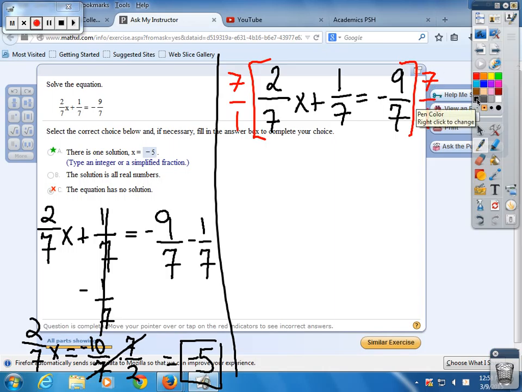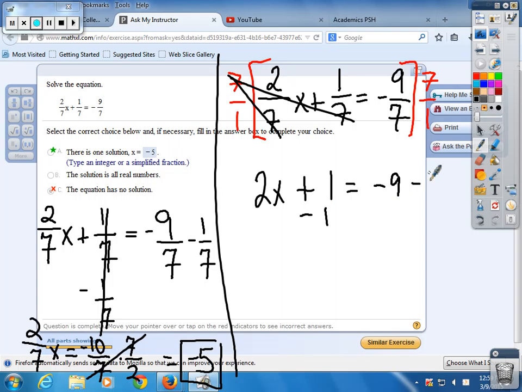And that will leave you with a two-step equation of 2x plus what? 1 is equal to negative what? Negative 9. Subtract 1, subtract 1. I'll take it across the river, whichever one you want to do. Divide by 2.